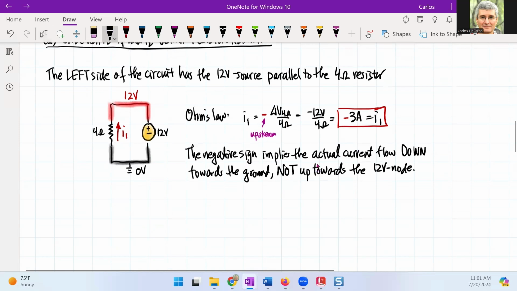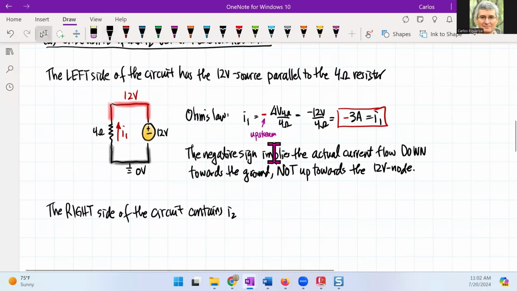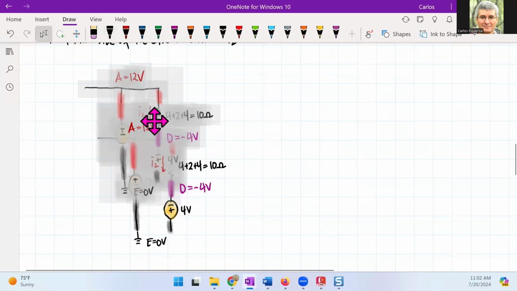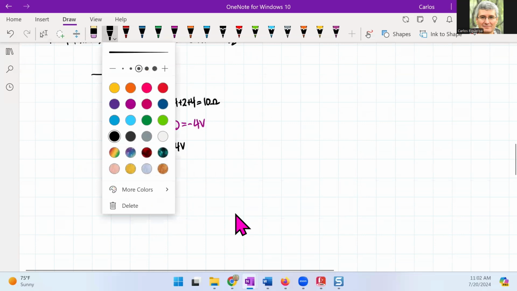So what I'll say here is that the right side of the circuit contains I2. So if I draw this out and modify it, here we are. So now what I'm going to do is reconnect everything.